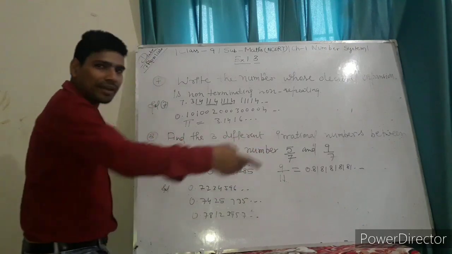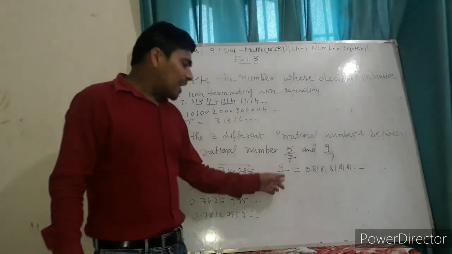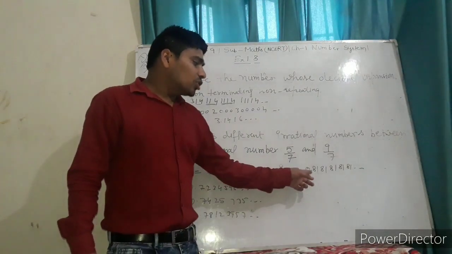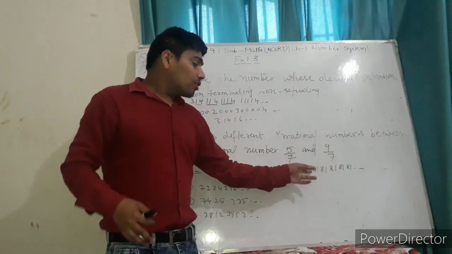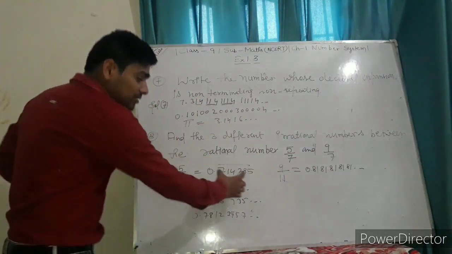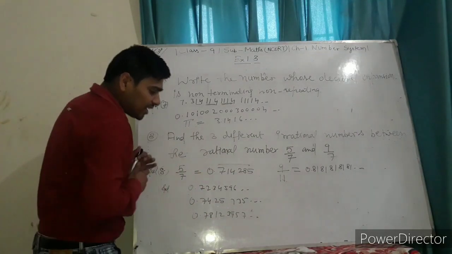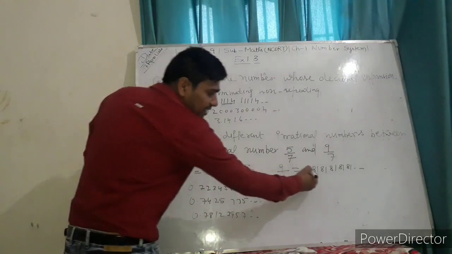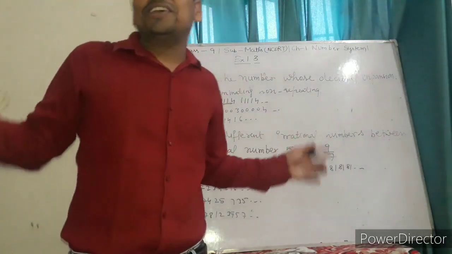But I am also writing from my side. 5 upon 7 can be written as 0.714285 and there is a repetition of this block, so I am writing a bar above it. After that, 9 upon 11 is 0.81, there is a repetition of 81, 81 81 81, because this is the block. So you see there is 0.71 and there is 0.81, so there are many numbers between 0.71 and 0.81.